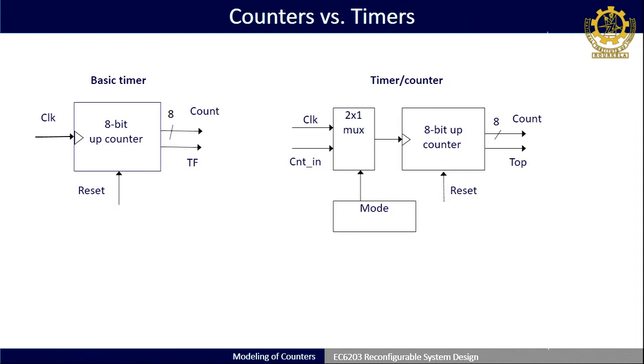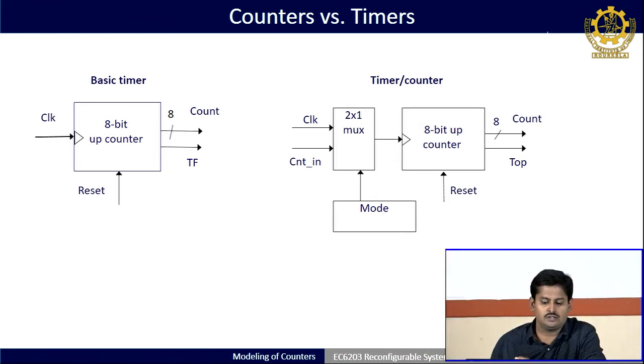Now, to know the basic difference between counters and timers, this is a block diagram I have referred from a book called Embedded System Design by Frank Vahid. On the left side is a basic timer, and the right side is a generalized circuit which can act as a timer as well as a counter.